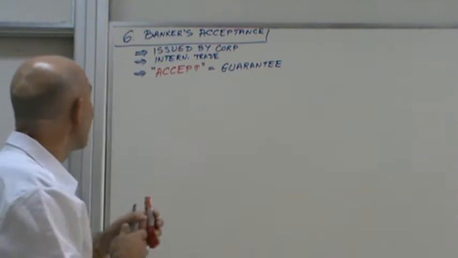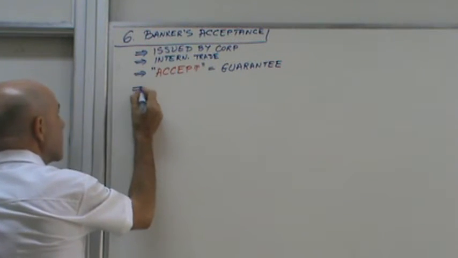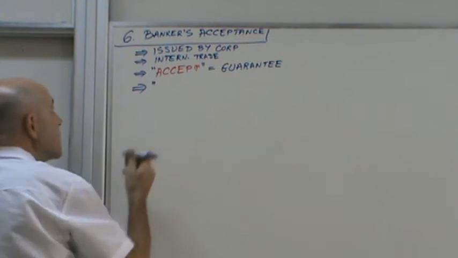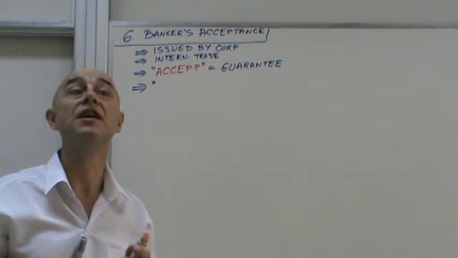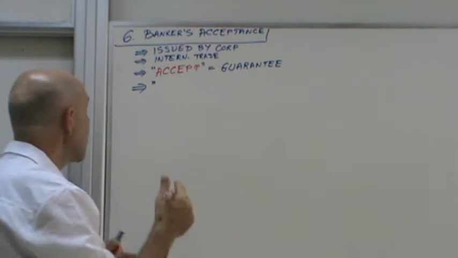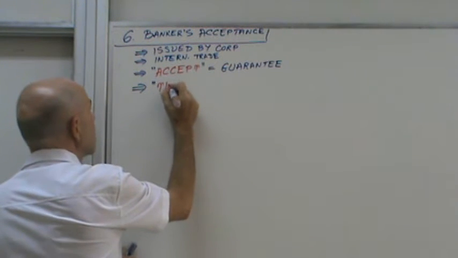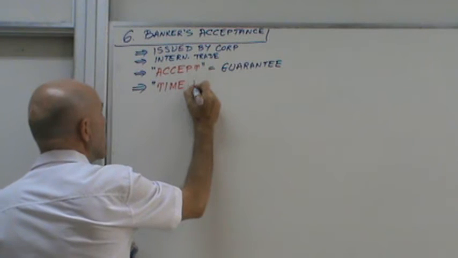Okay, so now we need a few more things. The next trickier one is a time draft. Time draft is very tricky.